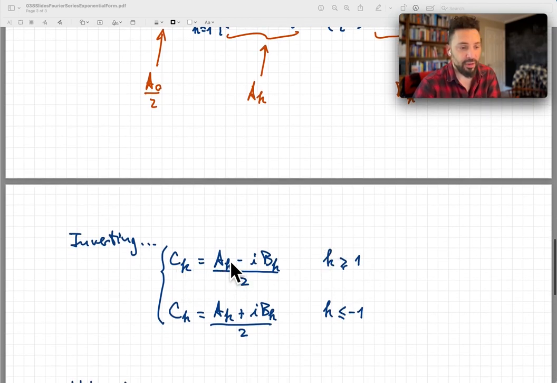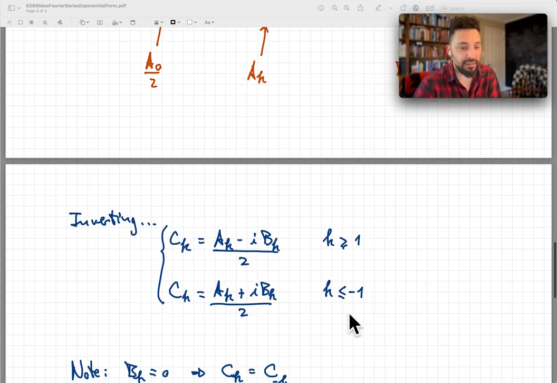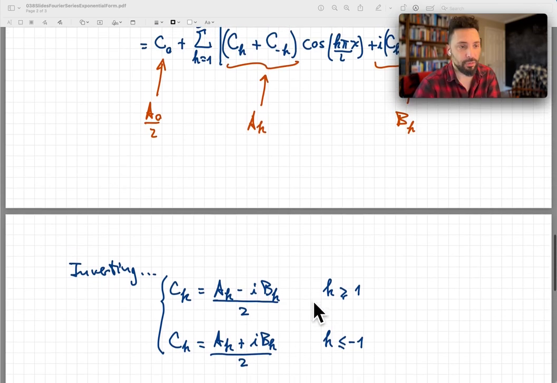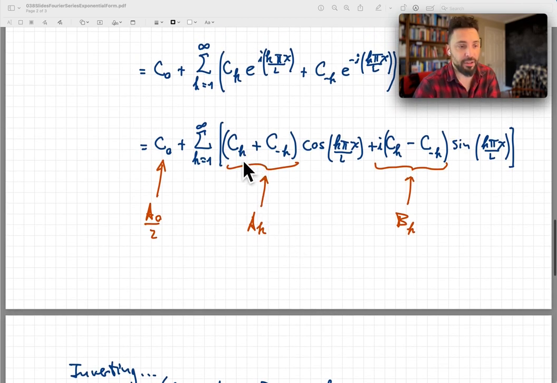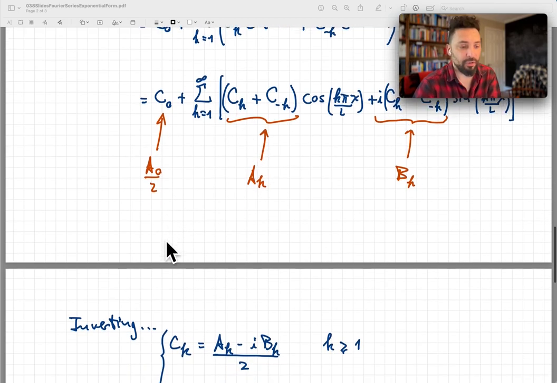You get then that ck is ak minus i bk divided by 2. That comes simply from the fact that here k is positive, and so if you sum ak minus i bk, then you are left with ck, and you solve for ck.